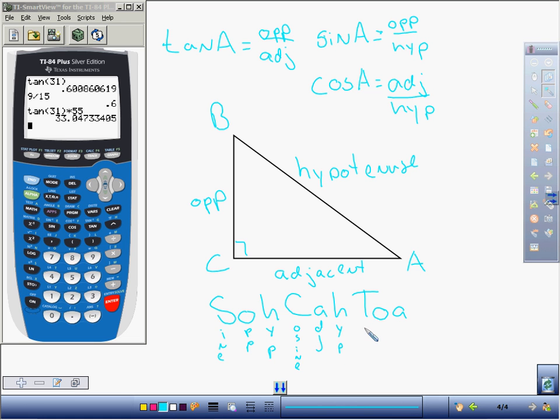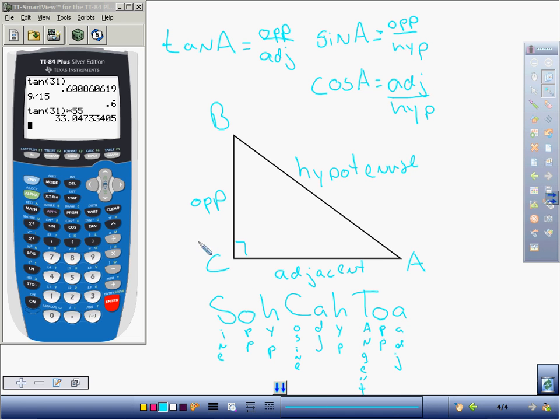And tangent, which they abbreviate TAN, is the opposite side over the adjacent side. And that you should be able to know.